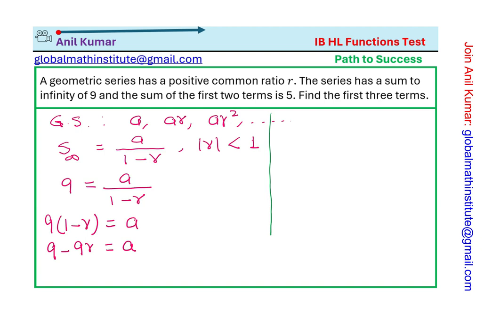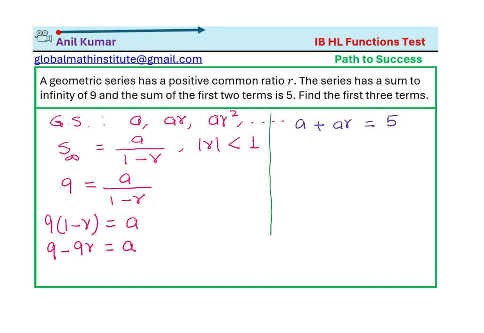The sum of first two terms is 5. So first two terms means a plus ar, correct? And that is given to us as 5. From here, you can take a common, or you can just substitute the value of a, which is 9 minus 9r, in this particular equation.